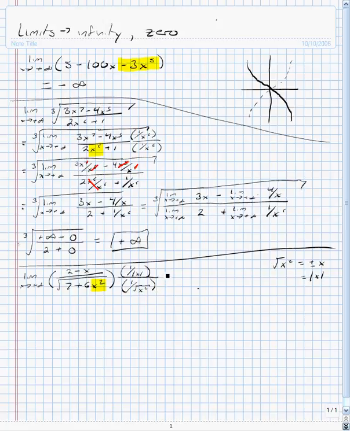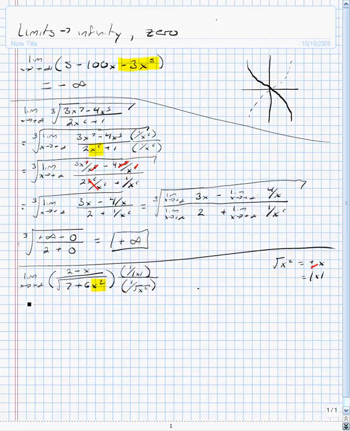Now right away we know what we're dealing with as we approach positive infinity. Since we're approaching positive infinity, we're only worried about positive numbers, so a negative x isn't even possible in the characteristic that we're using. So we can just assume that the absolute value of x is the same thing as x.